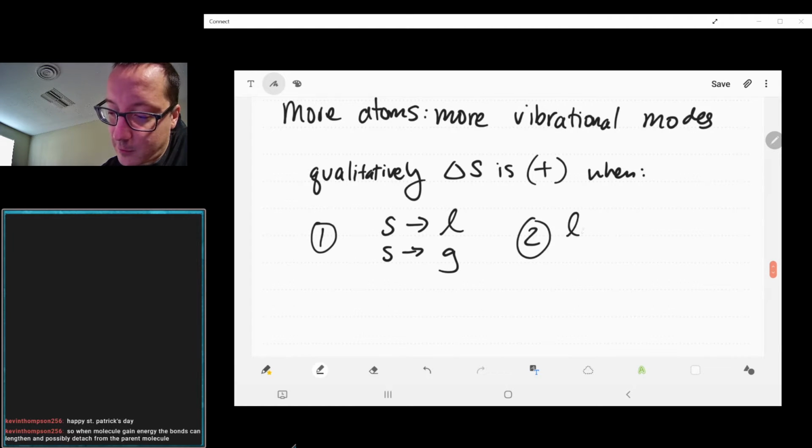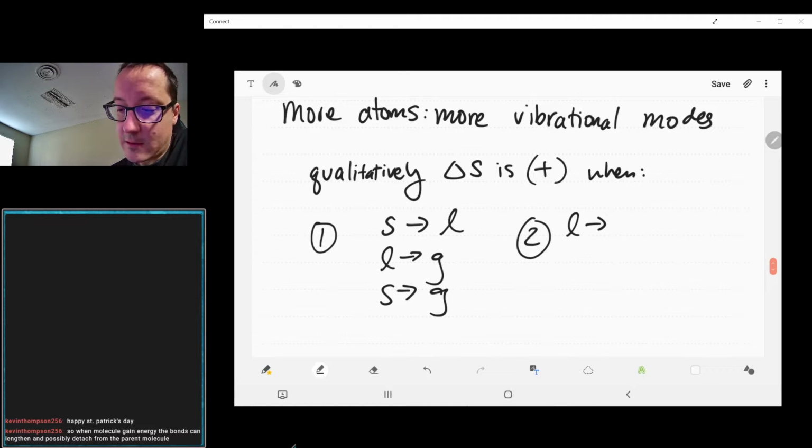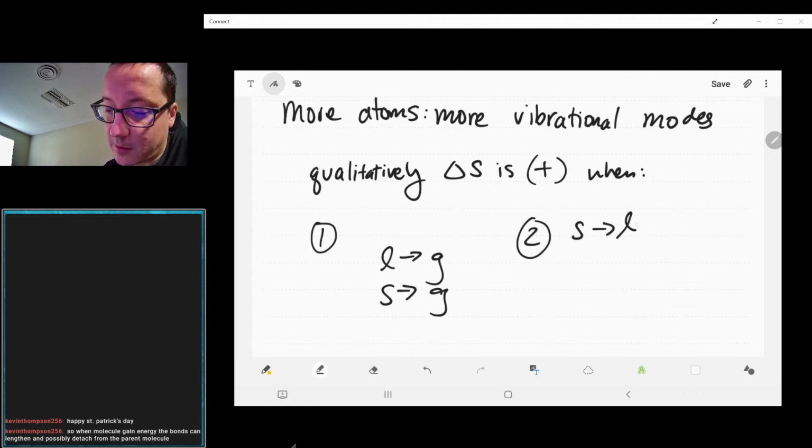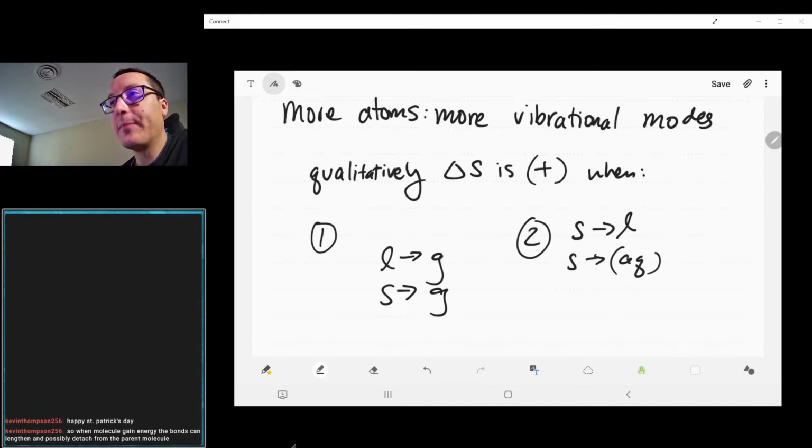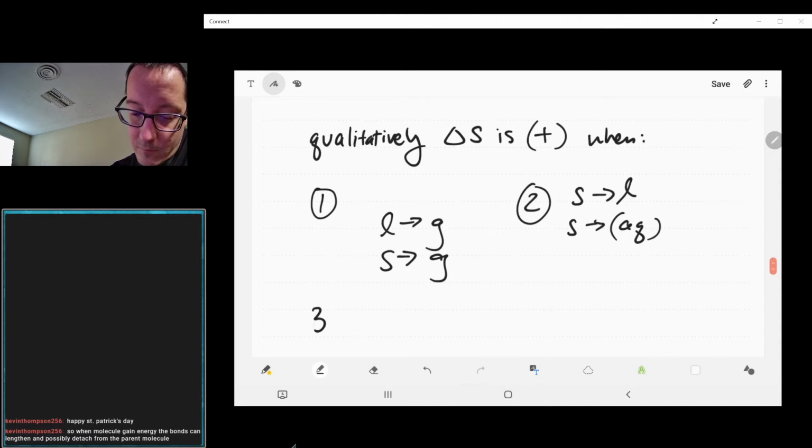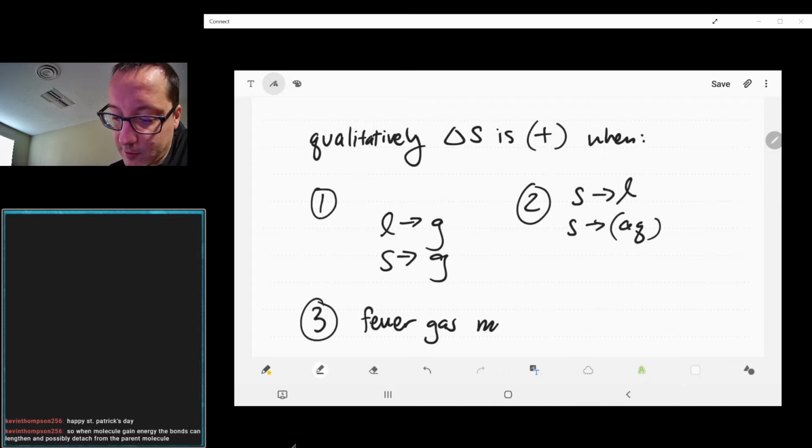If we go from liquid to, I want to say liquid to gas here, or from solid to gas. Yeah, let's actually just keep the gas ones. And then here we'll have solids to liquids or solids to some sort of dissolved state. And then the last one we talked about was fewer gas molecules to more gas molecules.